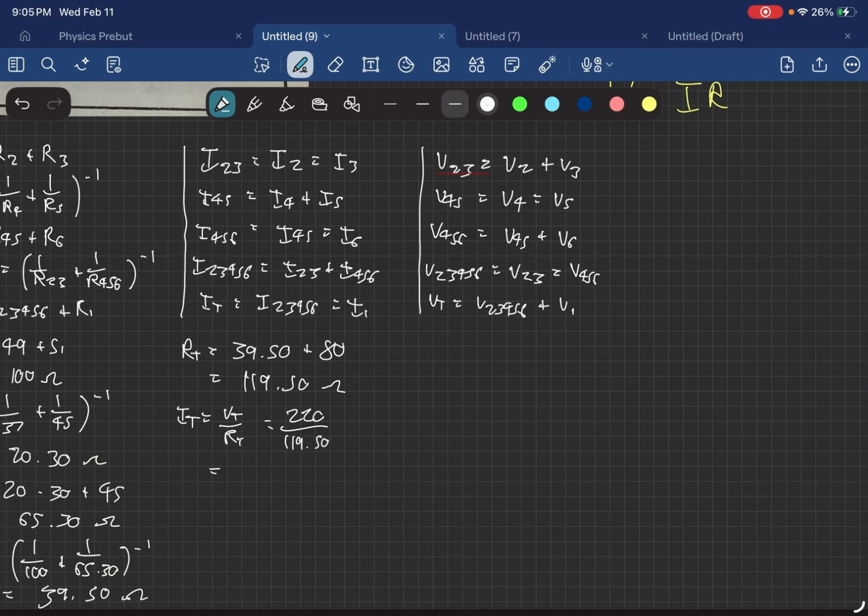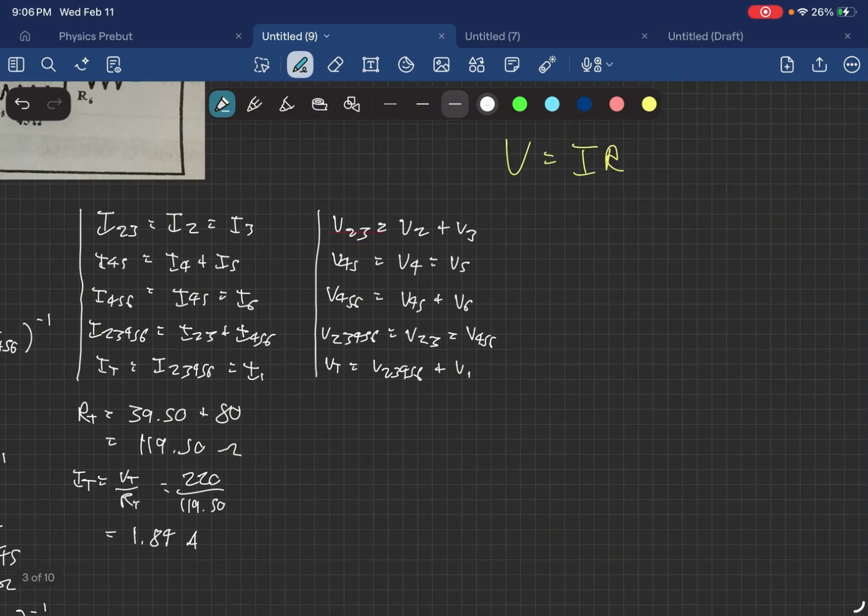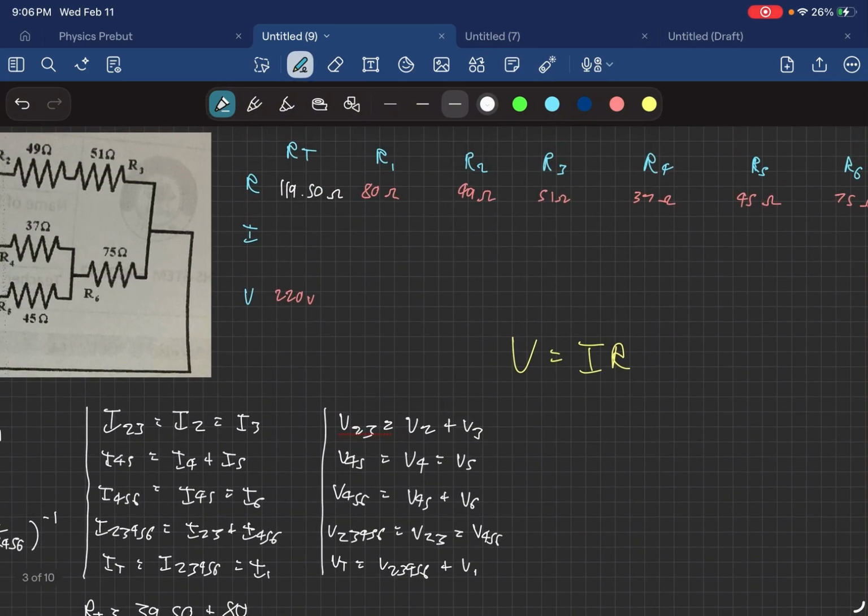And this will give you 1.84 amperes. So the unit for the current is amperes. So let's write that.